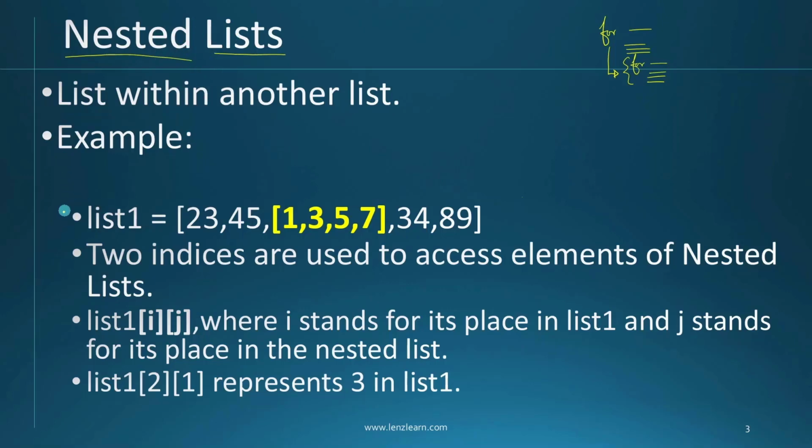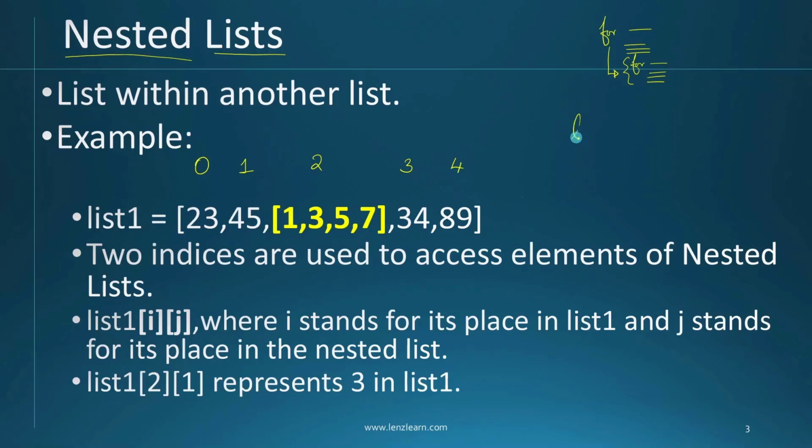Now we will see this example, list1, which has a nested list inside it. To make you understand it clearly, I have highlighted it in yellow color. So list1 altogether has 1, 2, 3, 4, 5 elements. Here you can see 23 is available at index 0, 45 at index 1. This entire list, which has values 1, 3, 5, 7 inside it, is available at index 2, then 34 at index 3, and 89 at index 4.